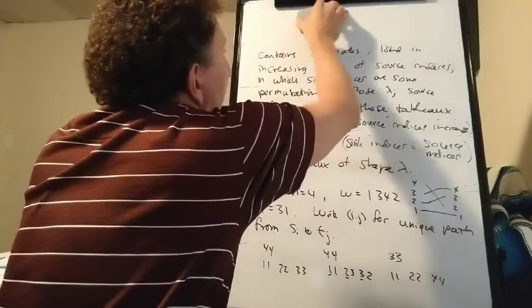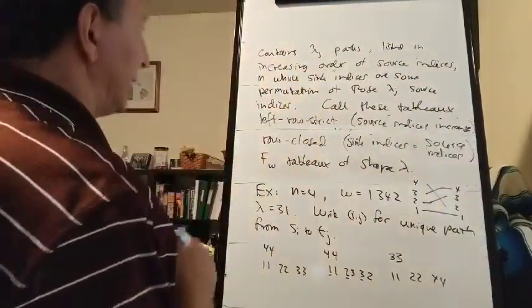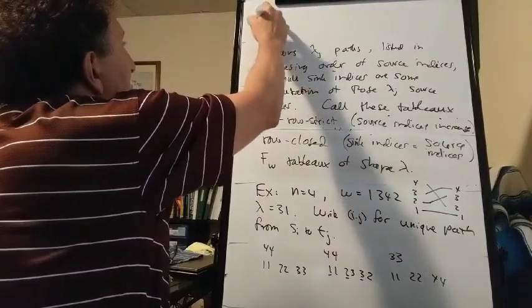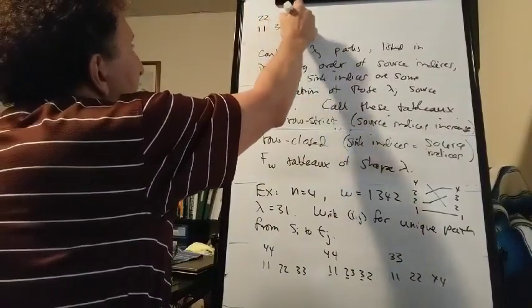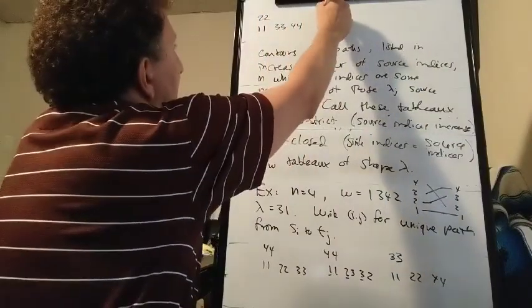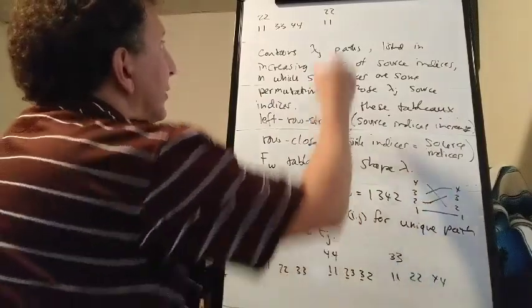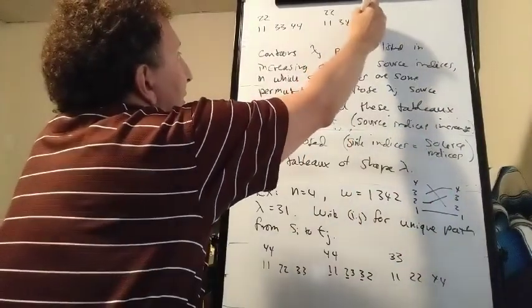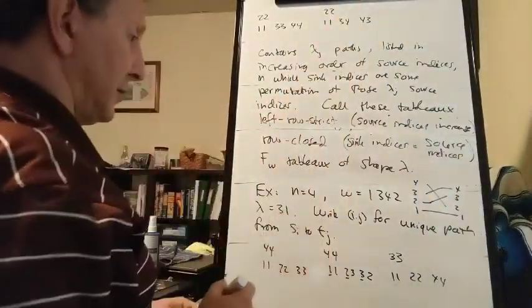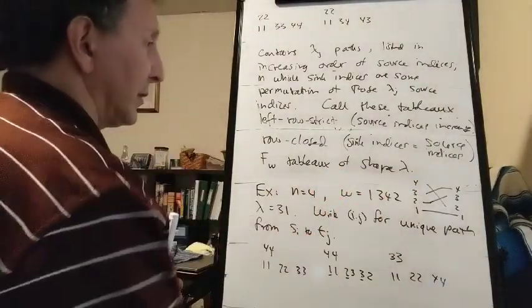So what if we have 1, 3, 4 in the first row and 2 by itself in the second row? 1 1, 3 3, 4 4. 1 has to go to 1. 3 can go to 4 and 4 can go to 3. So 3 4, 4 3 is another option. And that's the only option because 1 can only go to 1.